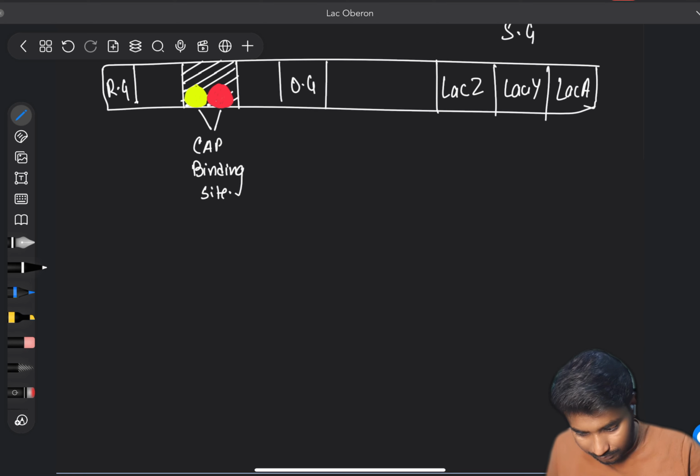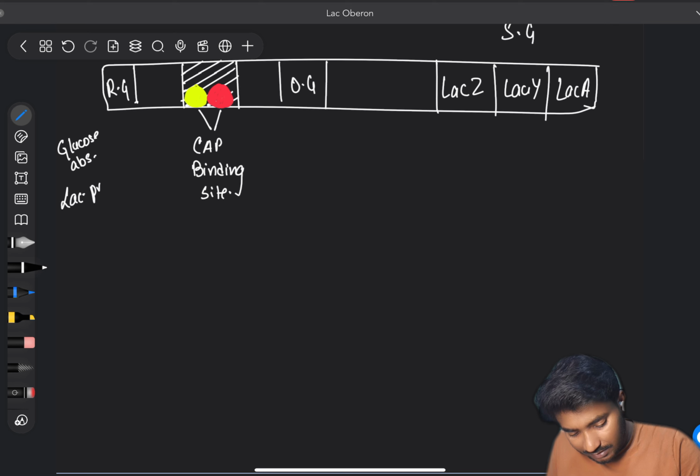Okay. Now if glucose is absent, then lactose present, cAMP is formed.